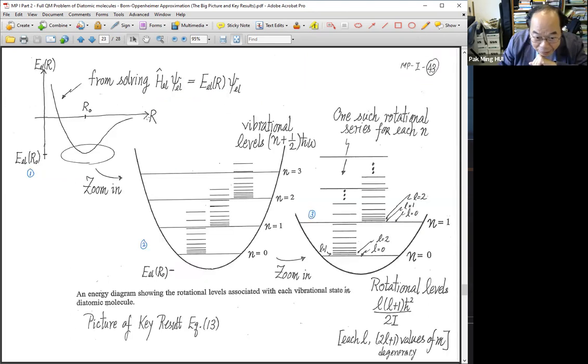You see that I intentionally draw the vibrational one, h bar omega, to be bigger than the typical difference of rotational states, and it is always true.